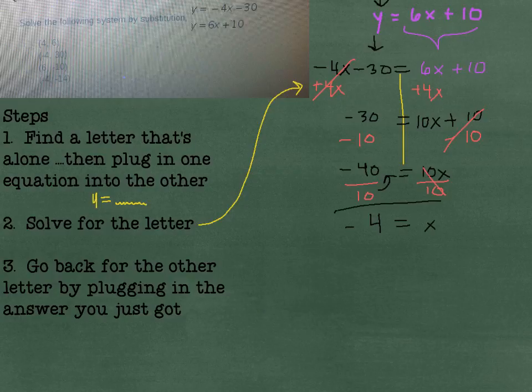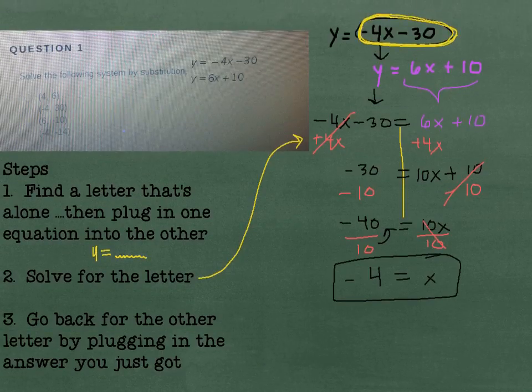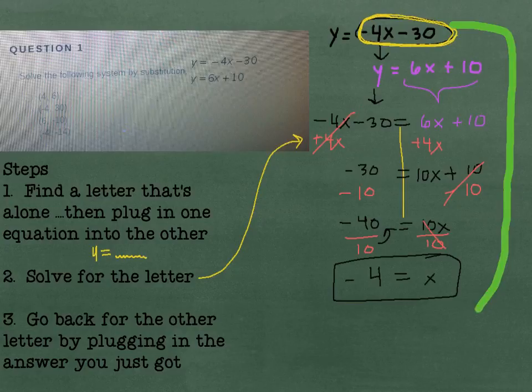I need to go back for the other letter. So what I'm going to do is I'm going to go back to the first problem that I circled, and I'm going to use that equation. So I'm just going to show you an arrow here, and I'm going to write it down here. Okay, I'm just going to copy that.